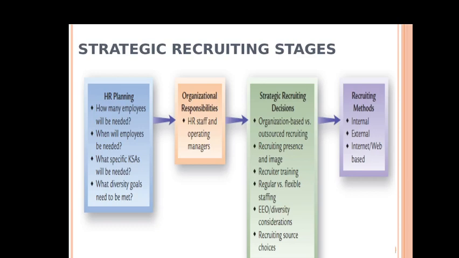On strategic recruiting decisions, the recruiting could be organization-based, or you go for an outsourced presence of the recruiting, and branding, imaging, and providing training to your recruiters and all the stuff. The method could be internal, external, or you have to use the internet.